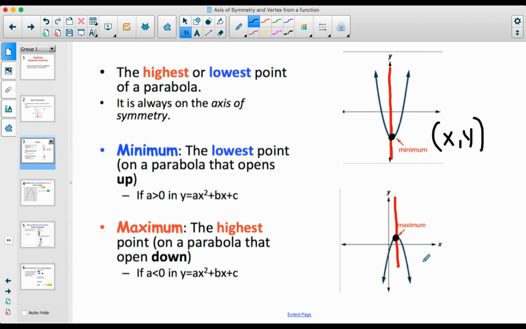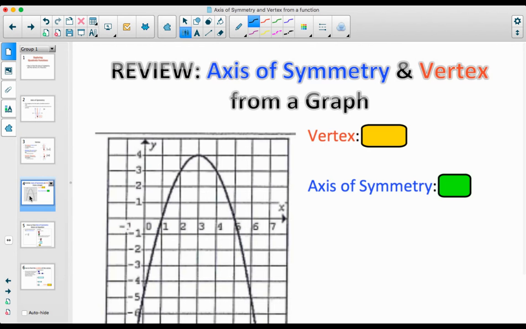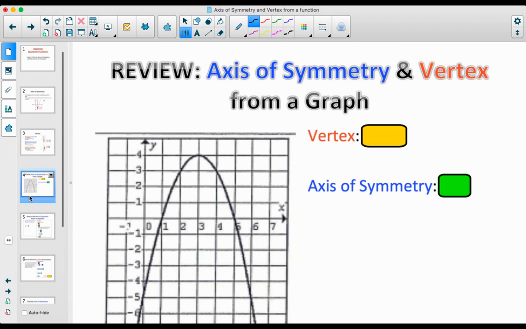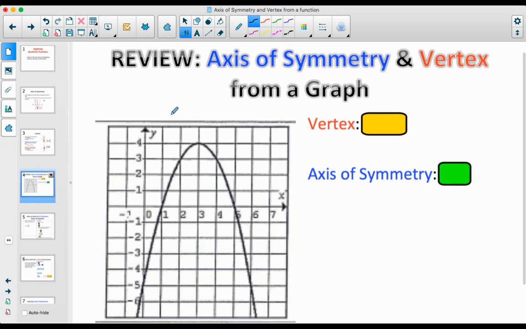That would be your vertex, and again, your vertex would be x comma y. This is how you find the vertex when you're given a parabola. But you're not always going to be given a graph. Sometimes you're just going to be given an equation, or a function we'll call it, and that's what we're going to get to. But let's just review real quick.